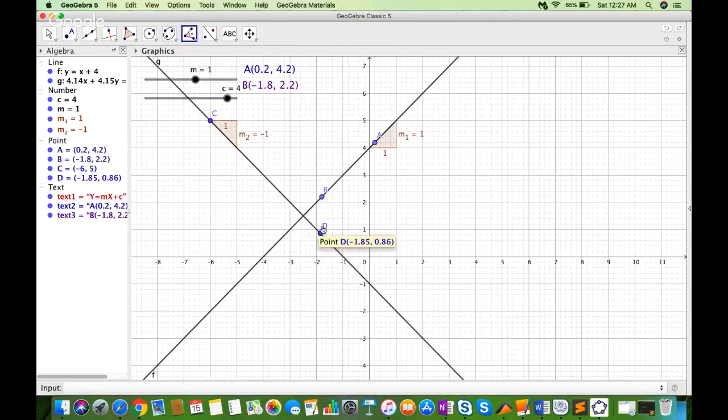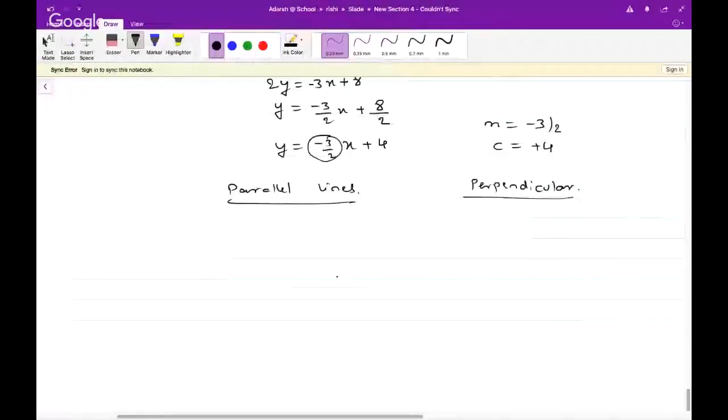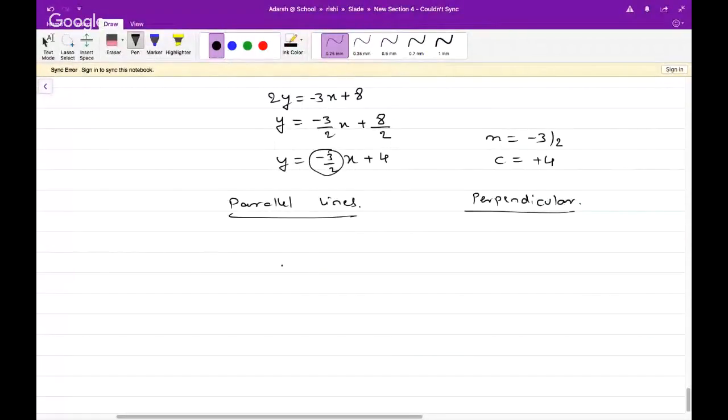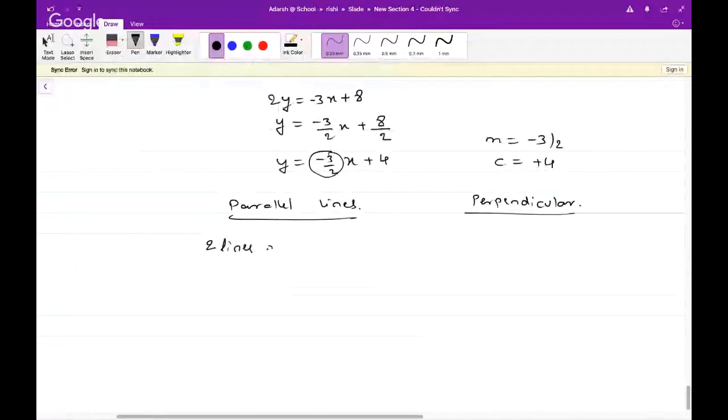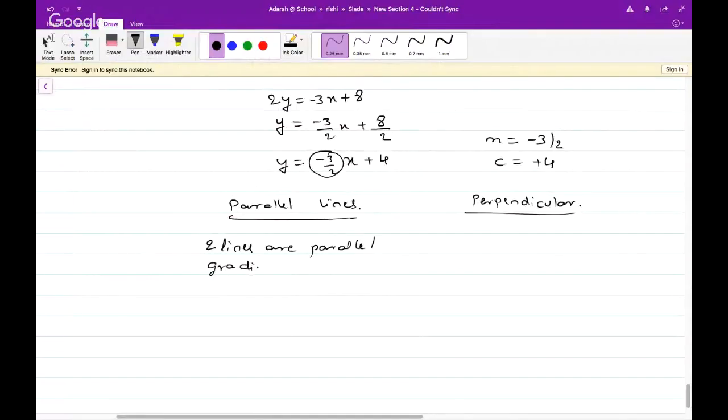Obviously it is perpendicular lines. Now when the two lines are parallel, the gradient will be equal. So m1 is equal to m2.